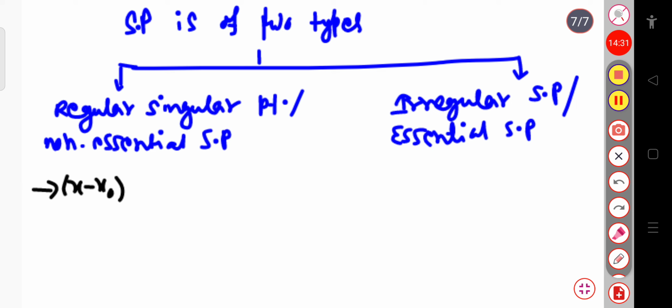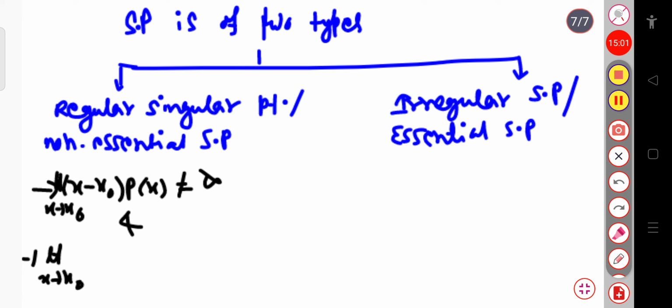You have to check that the limit as x tends to x naught of x minus x naught into p of x is not equal to infinite, and the limit as x tends to x naught of x minus x naught whole square, q of x is not equal to infinite. If both these are finite, then we say that point is a regular singular point.